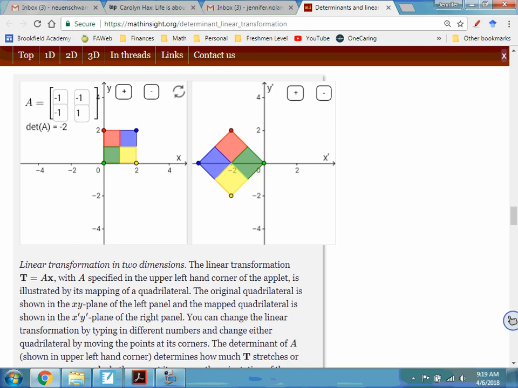So you're saying flip it, move it, or flip it, rotate it, scale it, or what was your order? I would say flip it, scale it, rotate it.